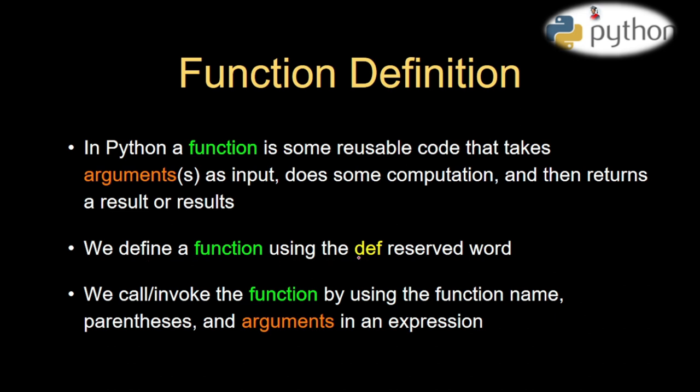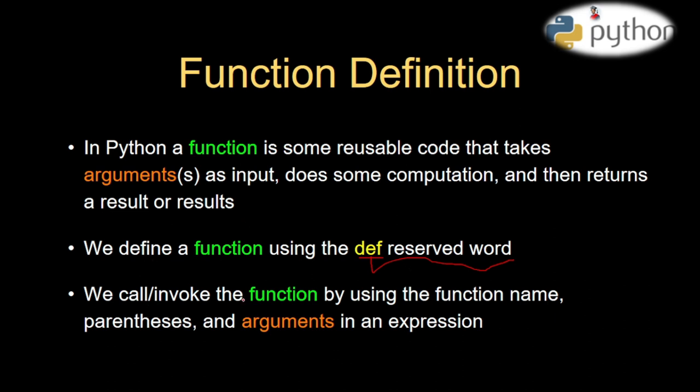So we define a function using the def keyword, as I told you before, def is a reserved word we use to define functions. Specifically in Python we use the def keyword. In Java, for example, we start with class to define or declare classes, but in Python we use the def keyword to define a function.